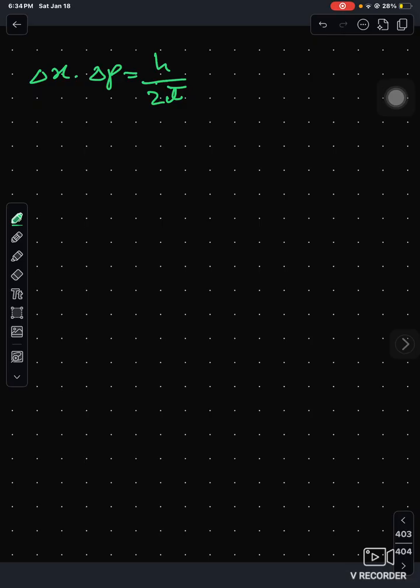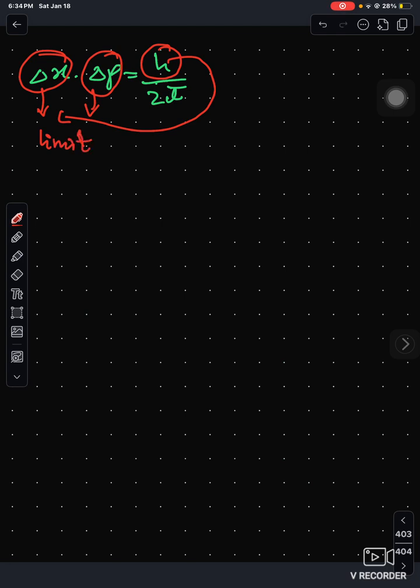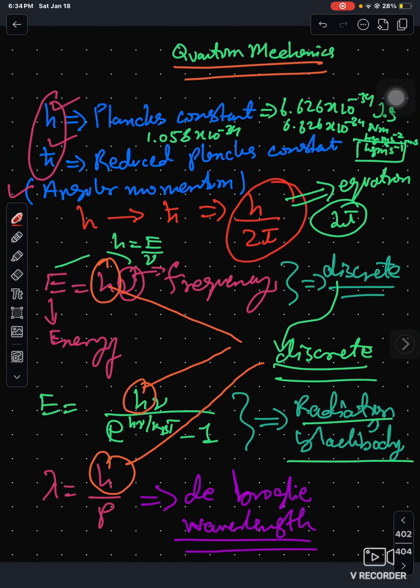Planck's constant in this governs the uncertainty principle, which sets a limit on how precisely we can measure pairs. Measuring one of the properties affects the other one. That's why h is acting as a limit. Complementary properties are position, x, and p, which is momentum.